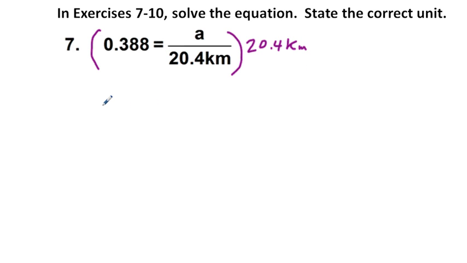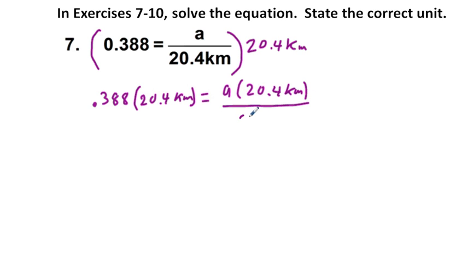what happens is we have 0.388 times 20.4 kilometers is equal to A times 20.4 kilometers over 20.4 kilometers. What do you notice is going to happen on the right side of this equation? We have 20.4 kilometers over 20.4 kilometers cancel each other.